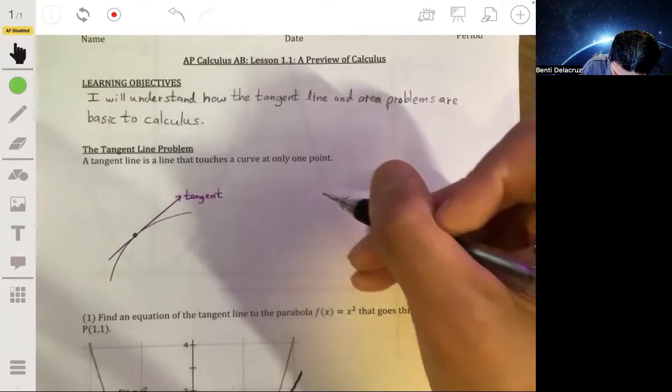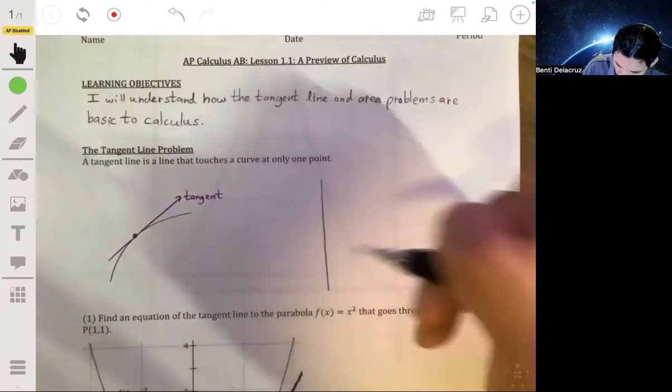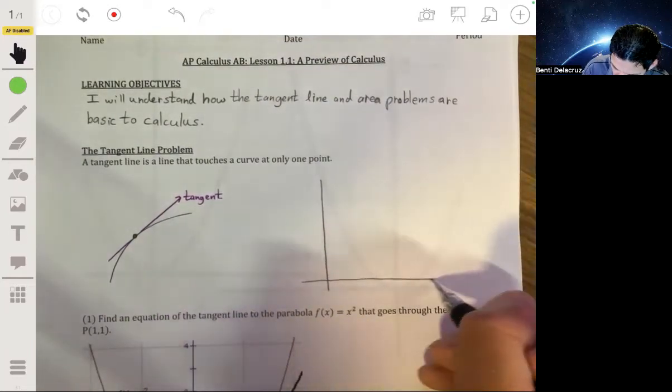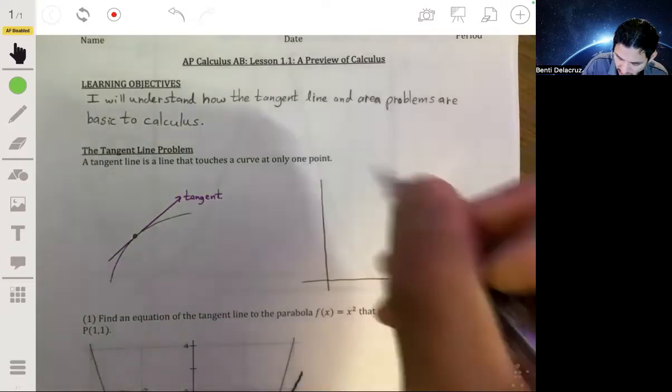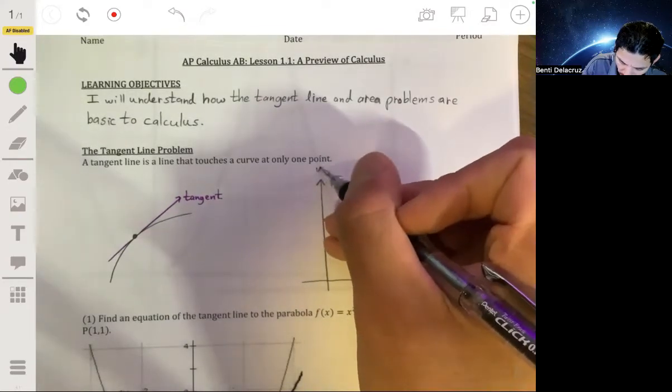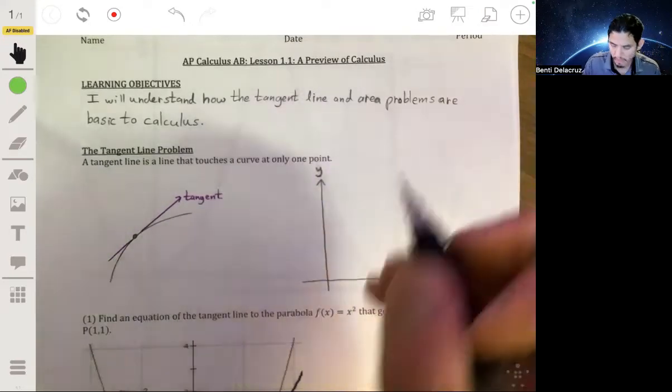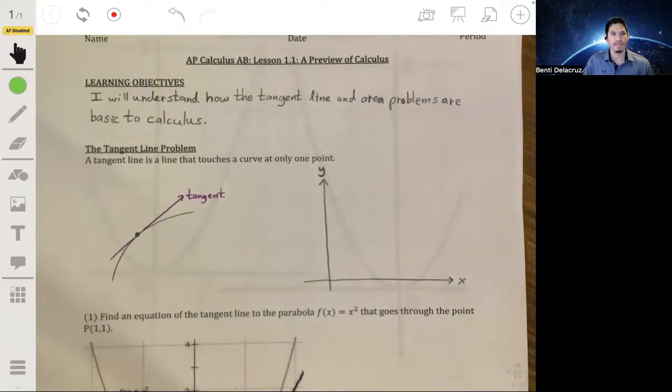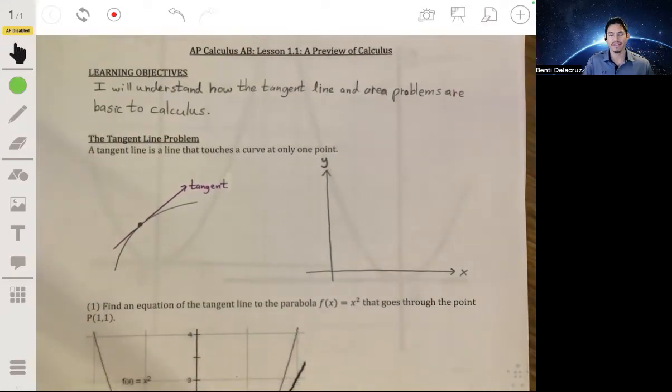So let's draw an example of some common functions that are used. Let's have our y and x axes. Let's say we're trying to figure out how far you're going to travel while driving your car. In algebra and pre-calc, you've pretty much just learned that distance is speed times time.